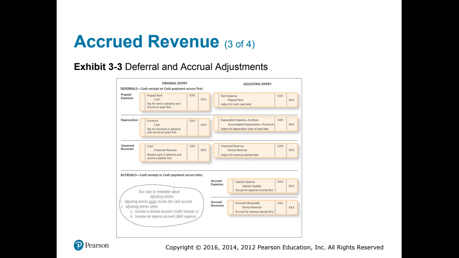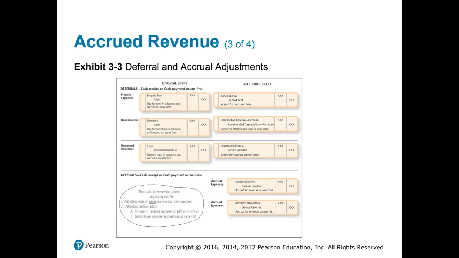When we adjust it, we're not using prepaid rent and cash again. Cash is no longer affected because it's only affected that one time. However, prepaid rent is going to be affected because now we're taking it out and we're putting it into our expense account. So prepaid rent and rent expense are the two accounts that are affected when we adjust. So just make note of that.